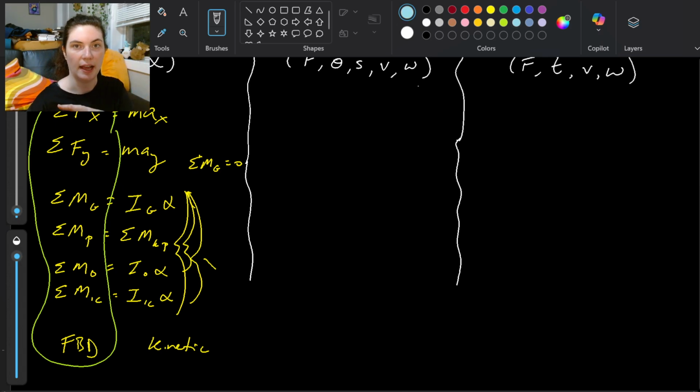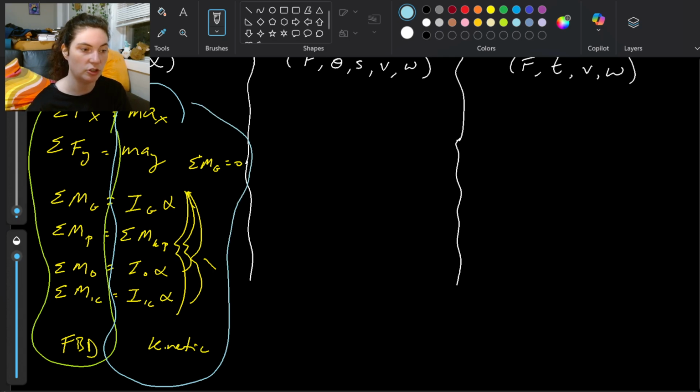Our kinetic diagram showed the directions of the accelerations, so it had the direction of both your linear and angular acceleration. And we could look at the kinetic diagram in order to set up the right side of the equation. So we made two diagrams, one for the left side, one for the right side, and it pretty much always gave us all of the information that we needed to plug into those equations to find what we were looking for.